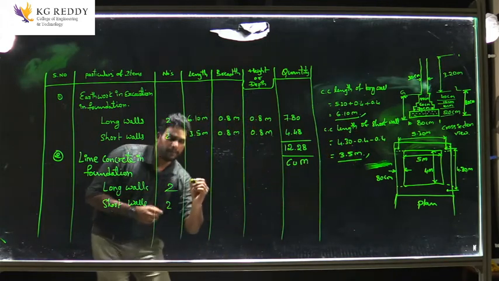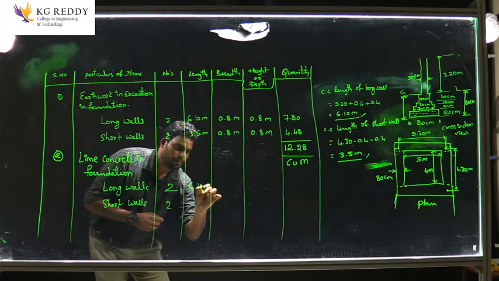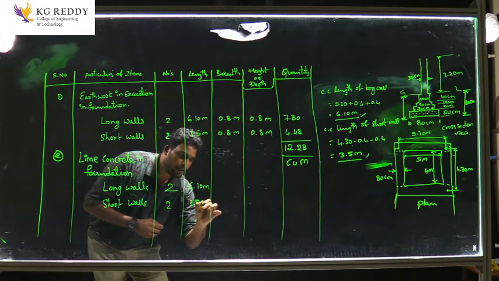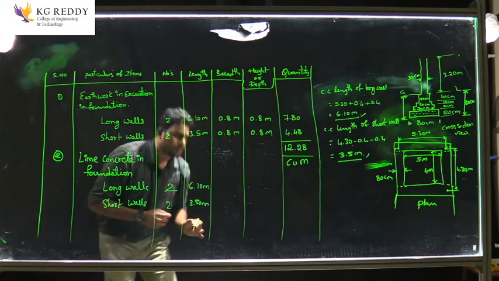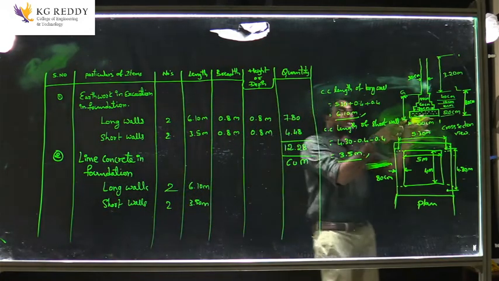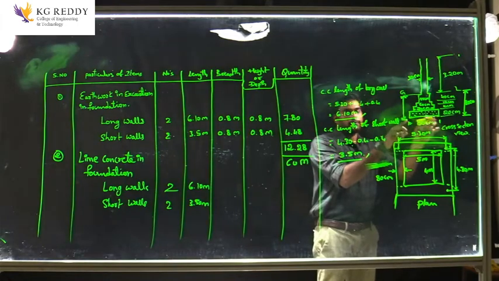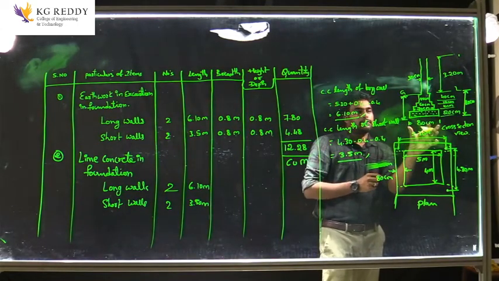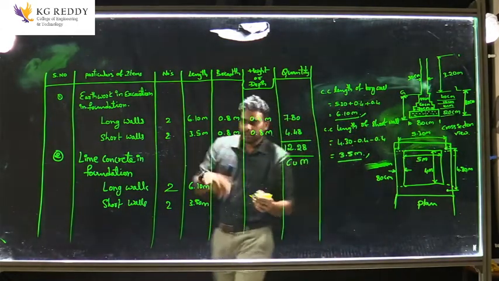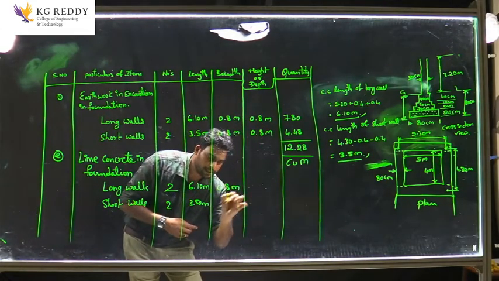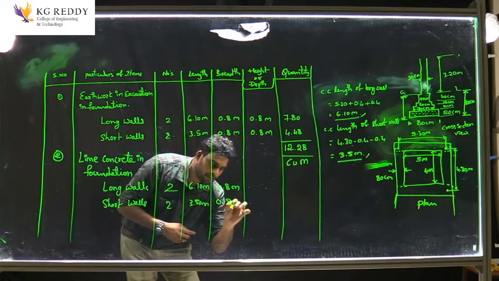We take the same 6.10 meters, and the next one is 3.50 meters. This dotted block is the lime concrete in foundation. What is the width of this one? 80 centimeters, converted into meters, that is 0.8 meters.